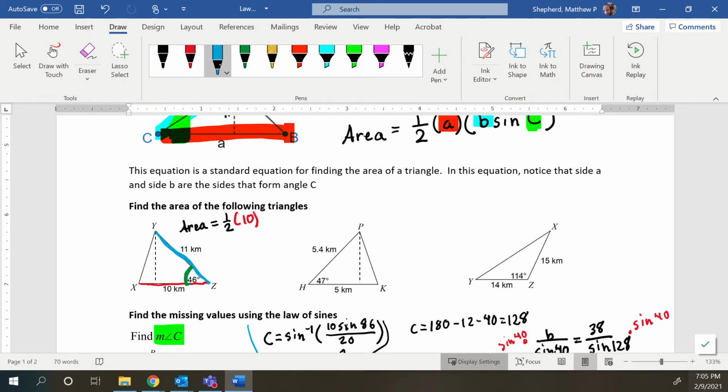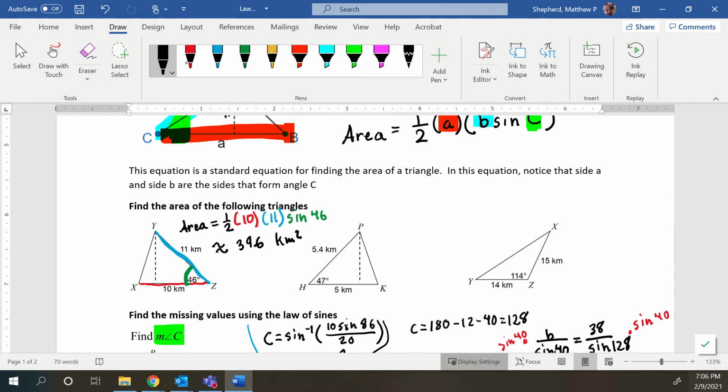And then we've got to find the height. The B is 11, and we're going to have sine of 46, which comes to approximately 39.6 kilometers squared.